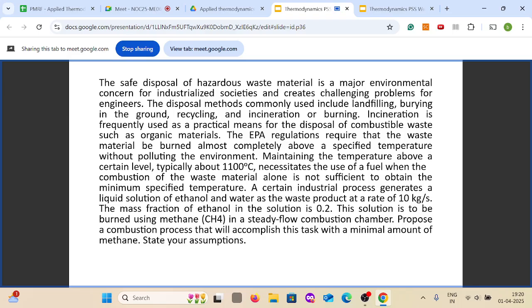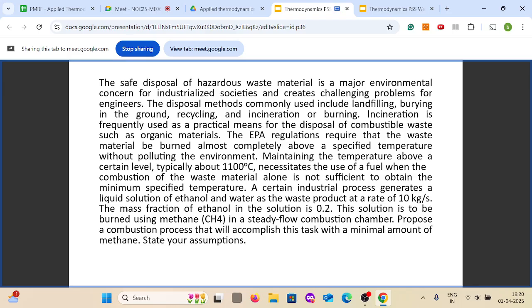So what basically they do is, if the waste is below the value of 1100 degrees Celsius, you add extra fuel to reach this typical value of 1100 degrees Celsius.